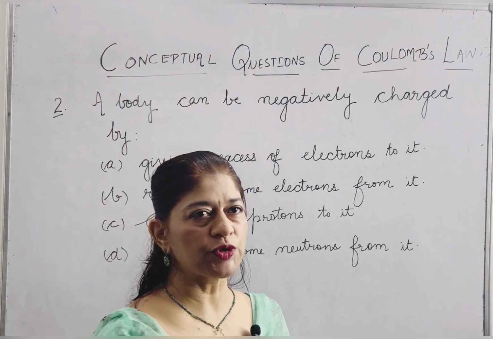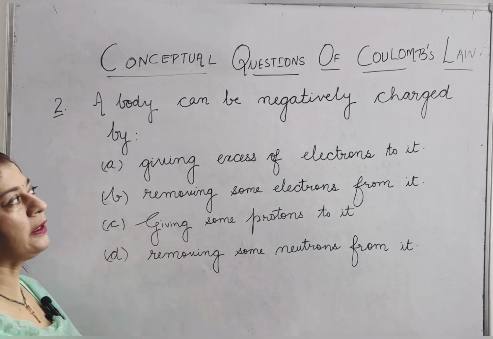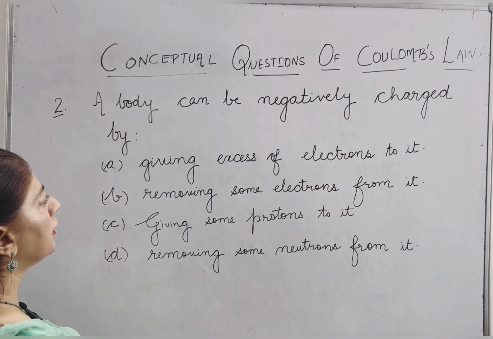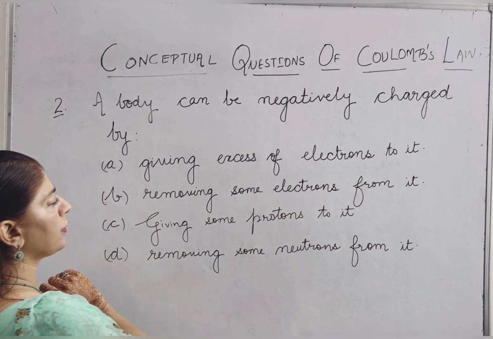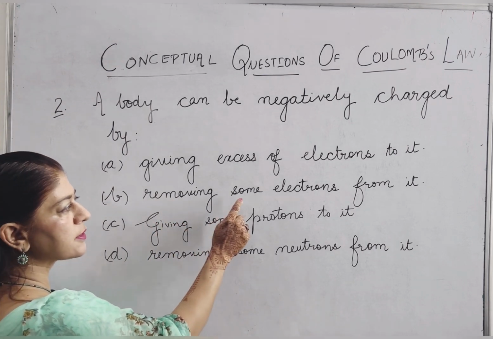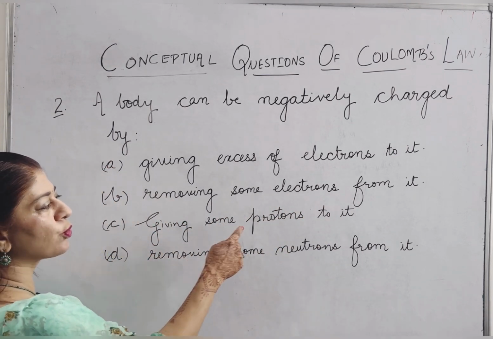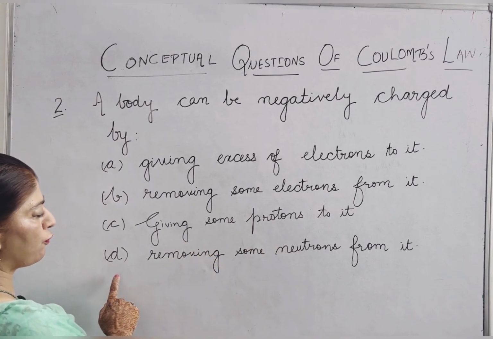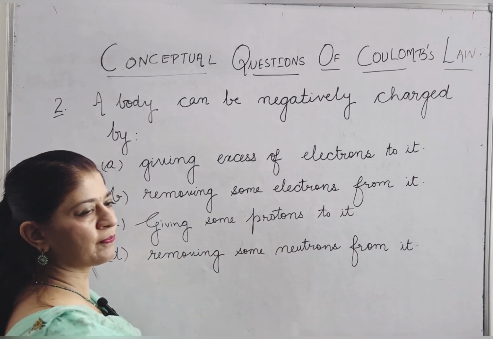The second conceptual problem is: a body can be negatively charged by giving excess of electrons to it, or by removing some electrons from it, or giving some protons to it, or the fourth option is removing some neutrons from it.